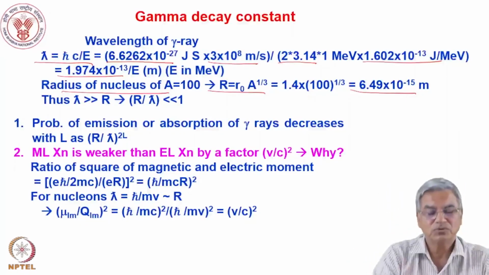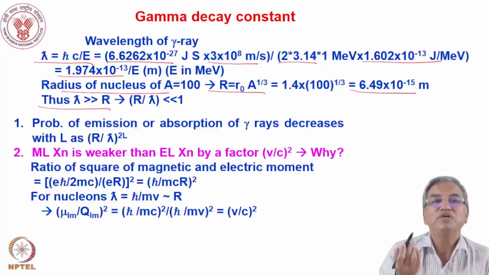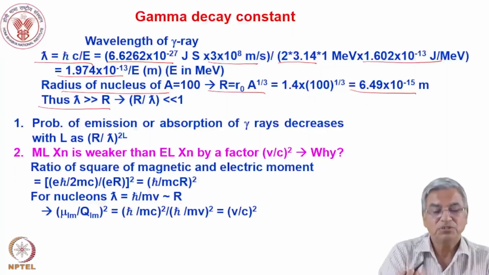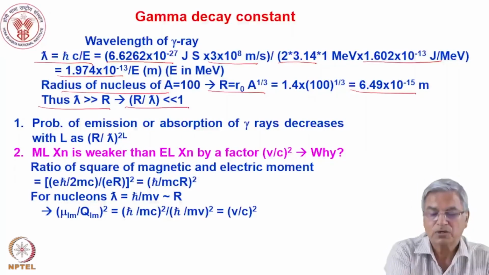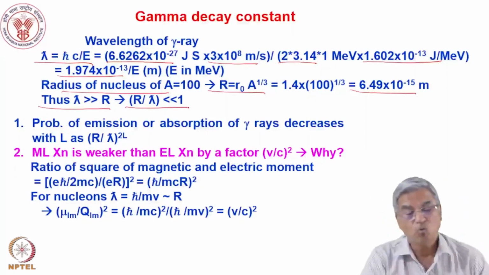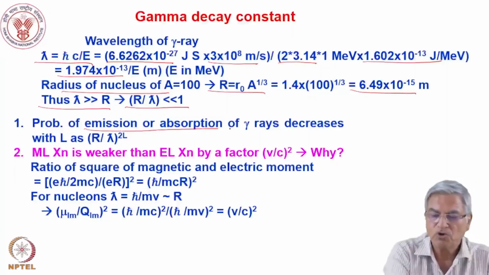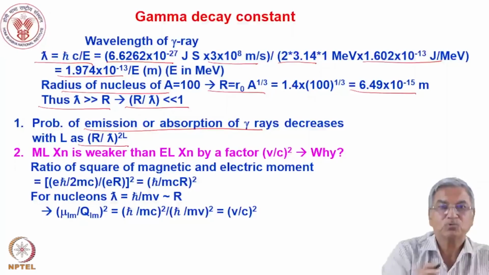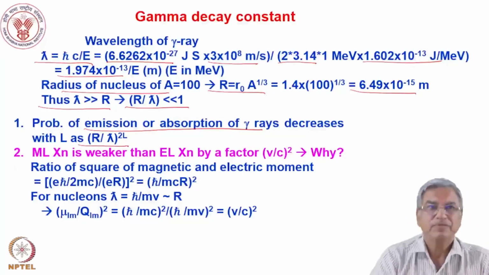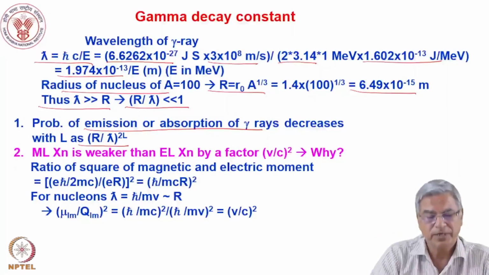What we want to highlight is that for a 1 MeV gamma ray, lambda cross is much larger than the radius of the nucleus, or r by lambda cross is much less than 1. So the probability of emission or absorption of a gamma ray photon decreases with L as r by lambda cross to the power 2L. Why has this come? This has come from Weisskopf's theory of statistical decay of the gamma rays.